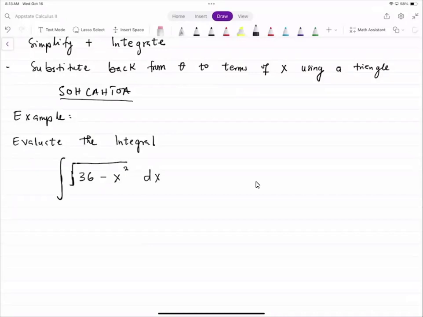If I want you to find the antiderivative of this, how are you going to do that?